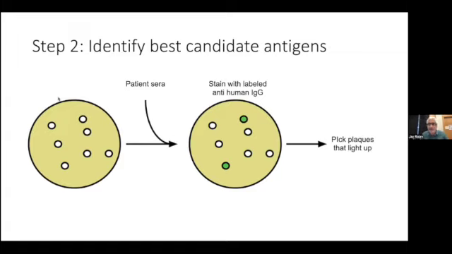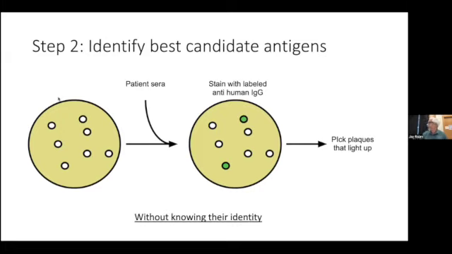And the whole idea here is that the PhIP-Seq approach is very sensitive, but what you want to identify are antigens that are going to work in a downstream assay, and that's what the counterstaining gives us. So plaques that light up on the counterstaining are things that are going to ultimately be useful in a downstream diagnostic assay.